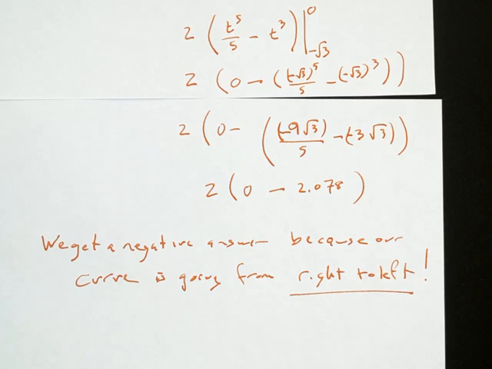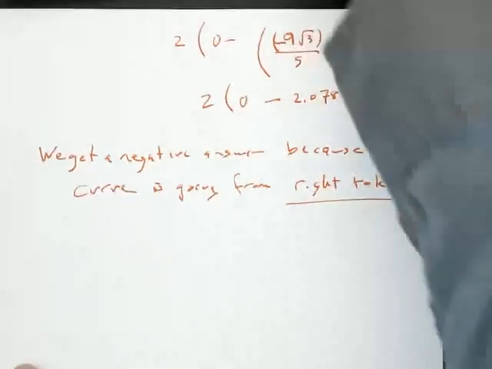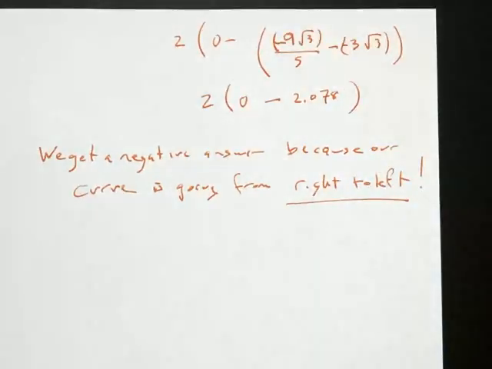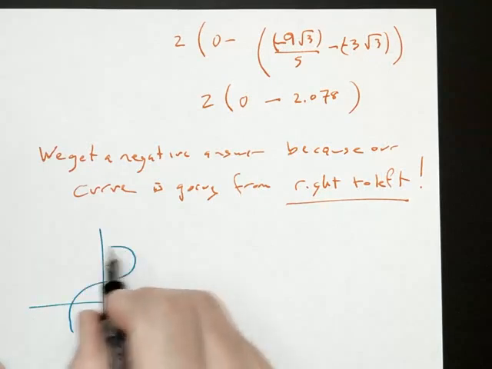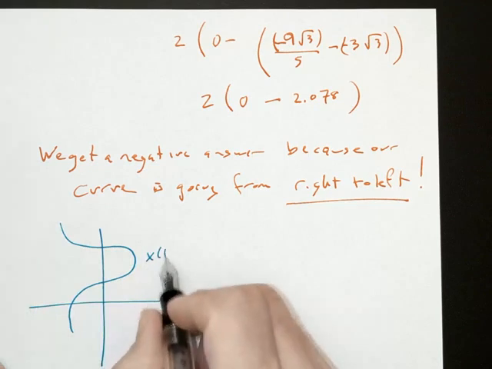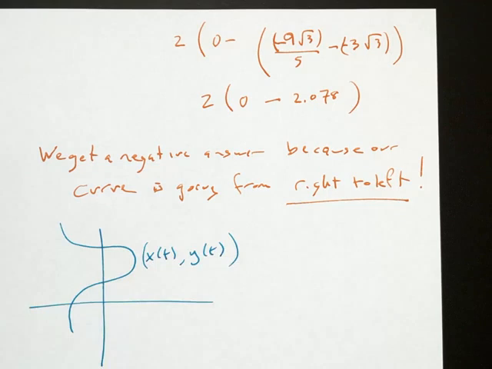If our graph is oriented vertically, let me change the picture just to give you something a little different. Let's suppose I had a parametric curve that looked like this. And I want this area.